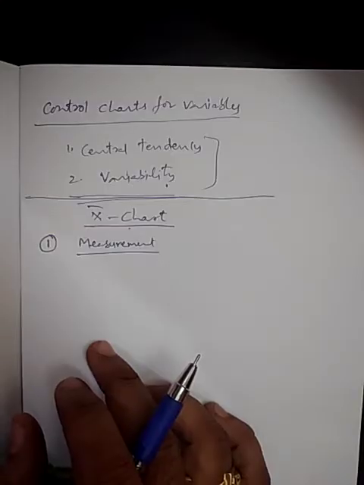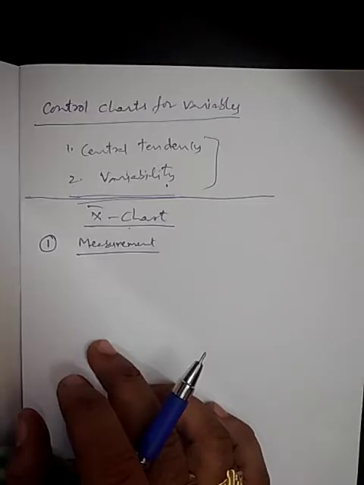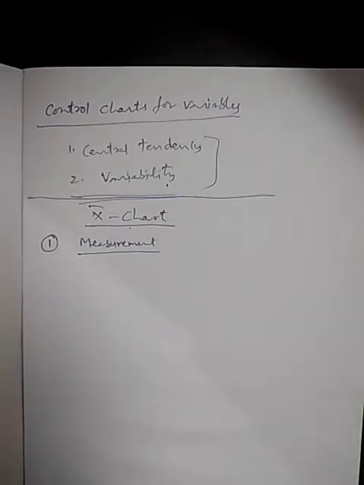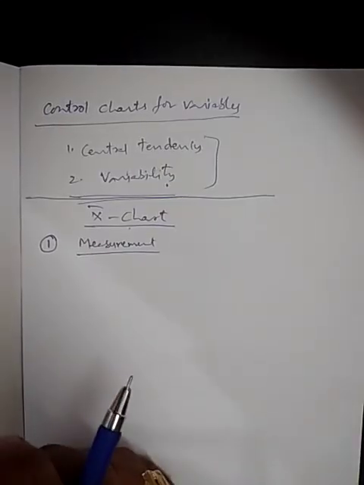Measurement is the first step to start statistical quality control, to examine or test a particular unit, collecting the information, and based on that we give results and useful interpretations to the organization.